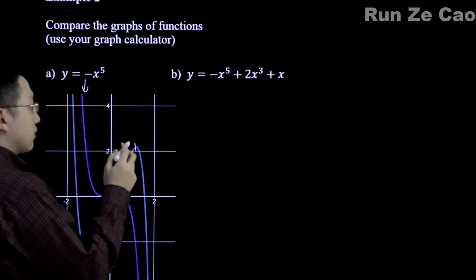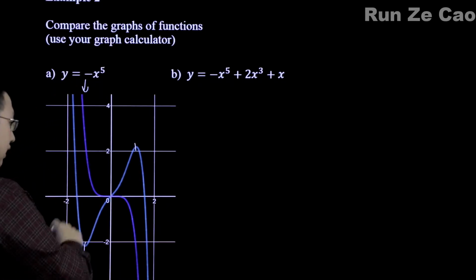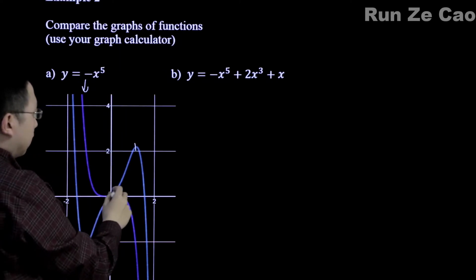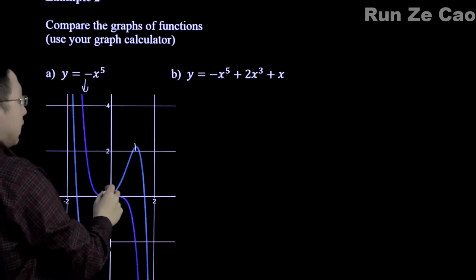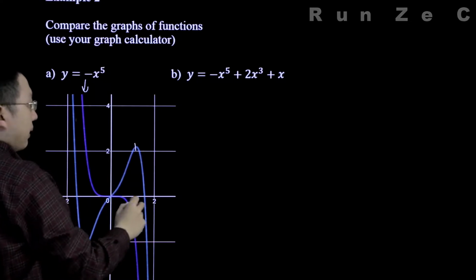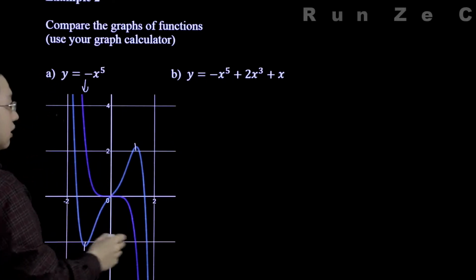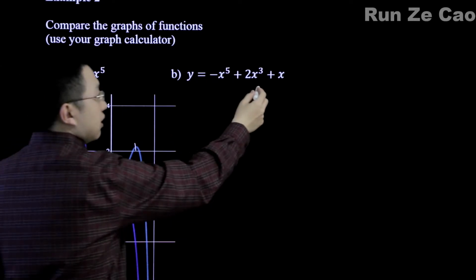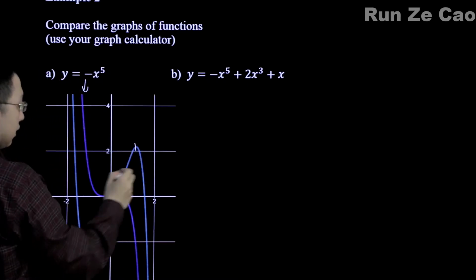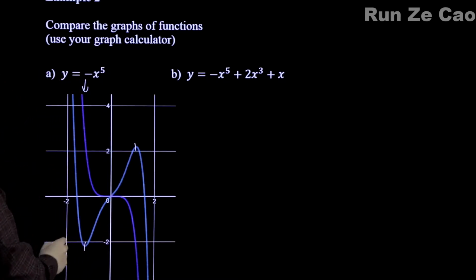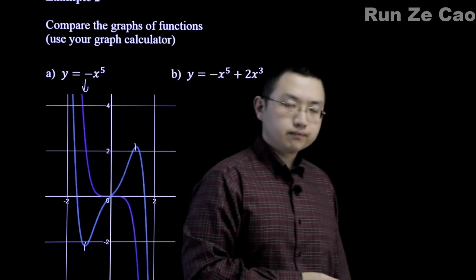So, what about the 2x to the third power? Well, that would have been like this. For this part, because of the 2 coefficient, x to the third power times 2 is bigger in terms of impact than negative x to the fifth power. And the plus x also helps by adding positive value here and adding negative value over here.